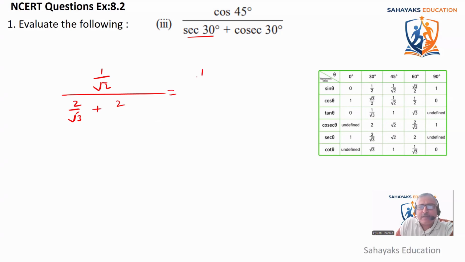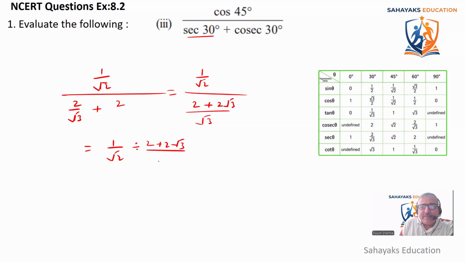Let's find out. It's 1 by root 2. And if I take the LCM here, it comes out to be root 3. Sec 30, yes. Root 3. So it comes out to be 2 plus 2 root 3. Okay, so let's compute it. 1 by root 2 divided by 2 plus 2 root 3 divided by root 3.